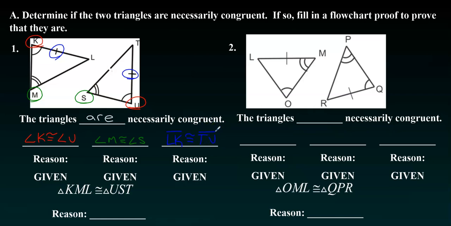It would be okay if side ST and ML were congruent as well. It just has to be one side that's not between the angles. So since those are given and those are congruent, then triangle KML is congruent to triangle UST because of the angle-angle side theorem.